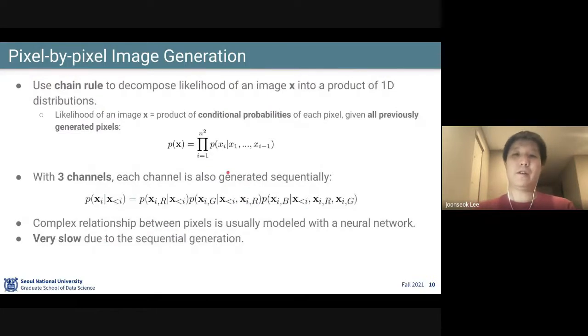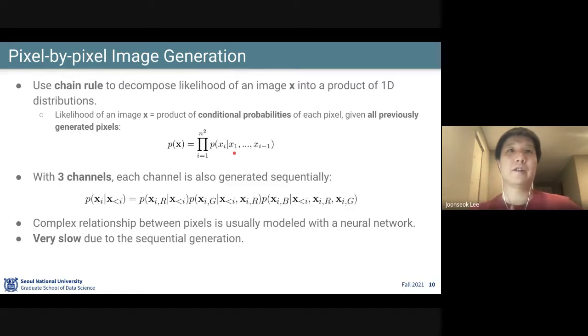So mathematically, we can write this approach like this. We have learned about the chain rule, right? So we can actually apply this chain rule. I'd like to write some mathematical formula, but I'm going to just explain in words. Hope you can understand it. So i equals 1 to n squared, which means we have an n squared sized image. For the very first one, i equals 1, and x1 given x0, so actually nothing. So the very first one is p(x1).